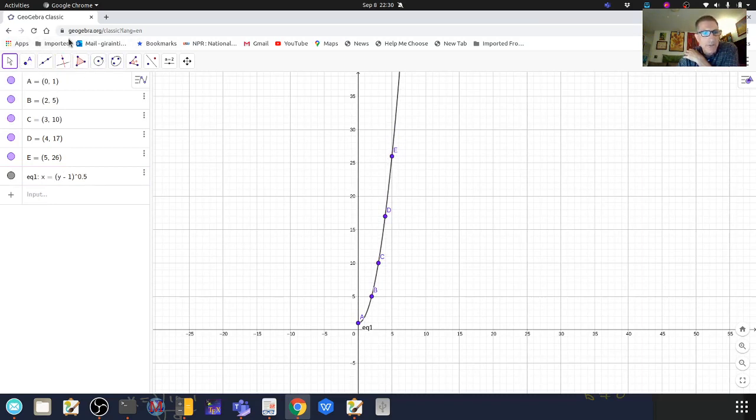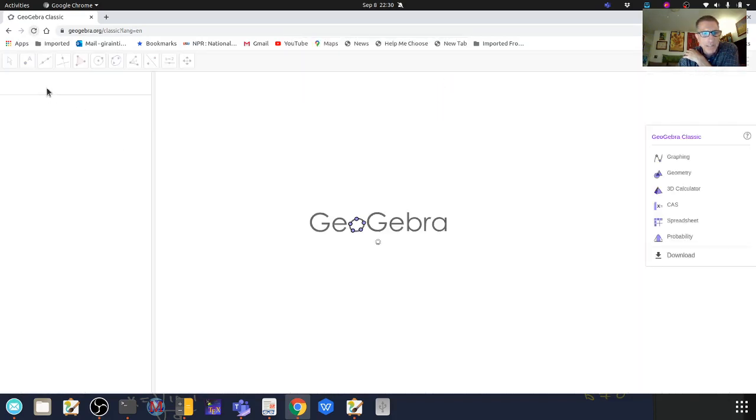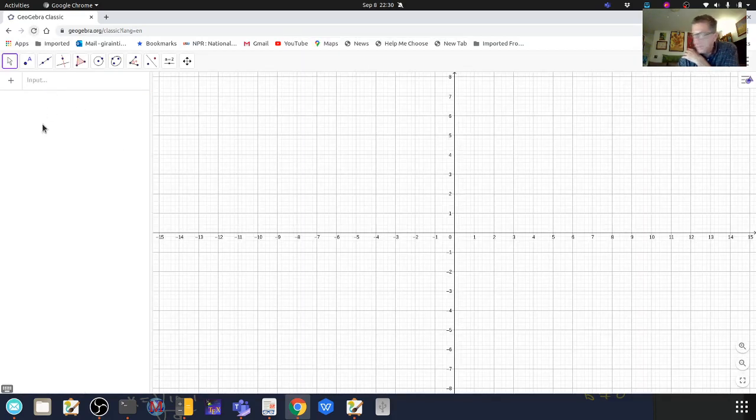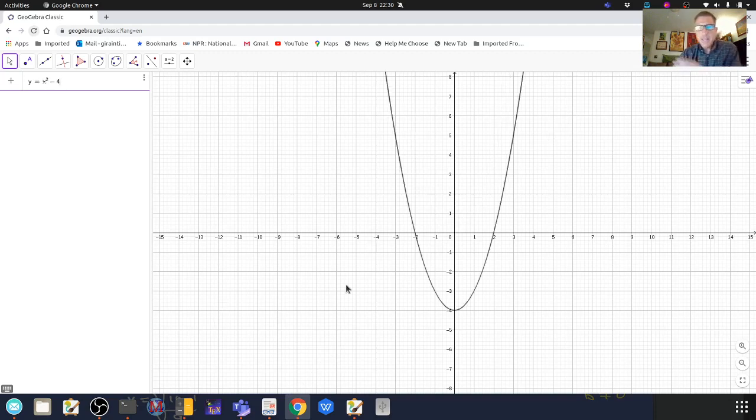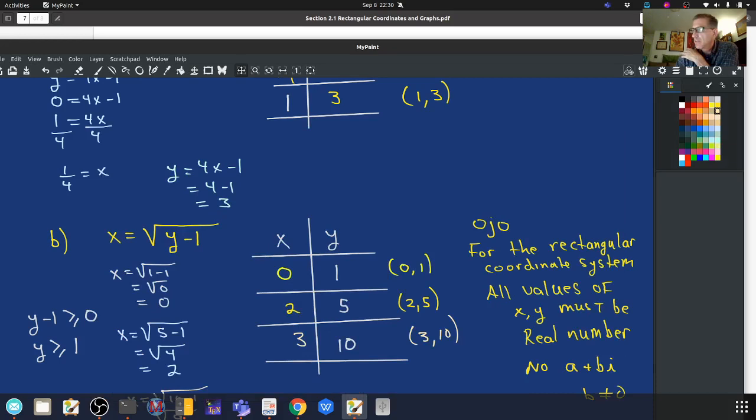We didn't actually graph any points for the last one, but we did take note of its equation, and its equation is y is equal to x squared minus 4. And I hope most of you were expecting a parabola, and that's exactly what you got.